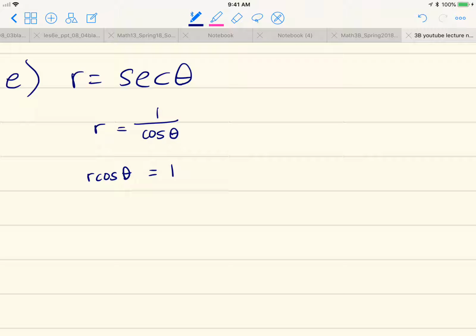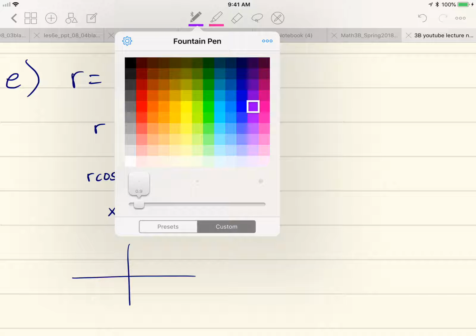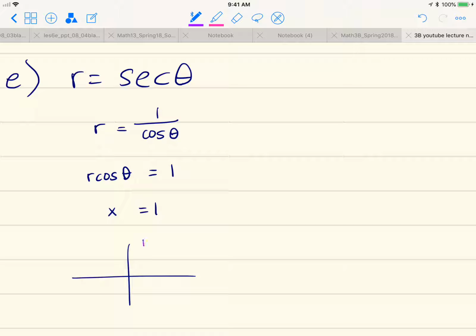The left-hand side is just x, so x equals 1. So we know exactly what this graph looks like in rectangular coordinates. It is just a vertical line.